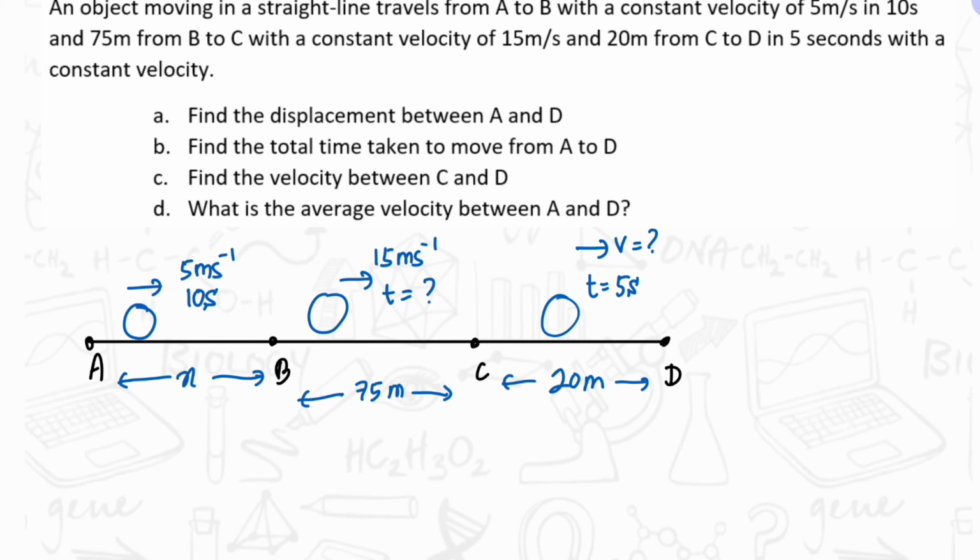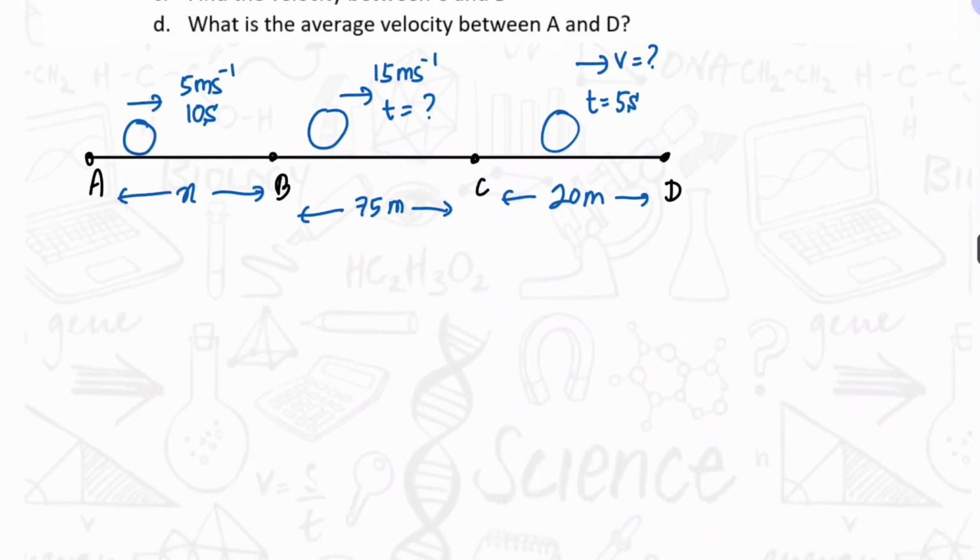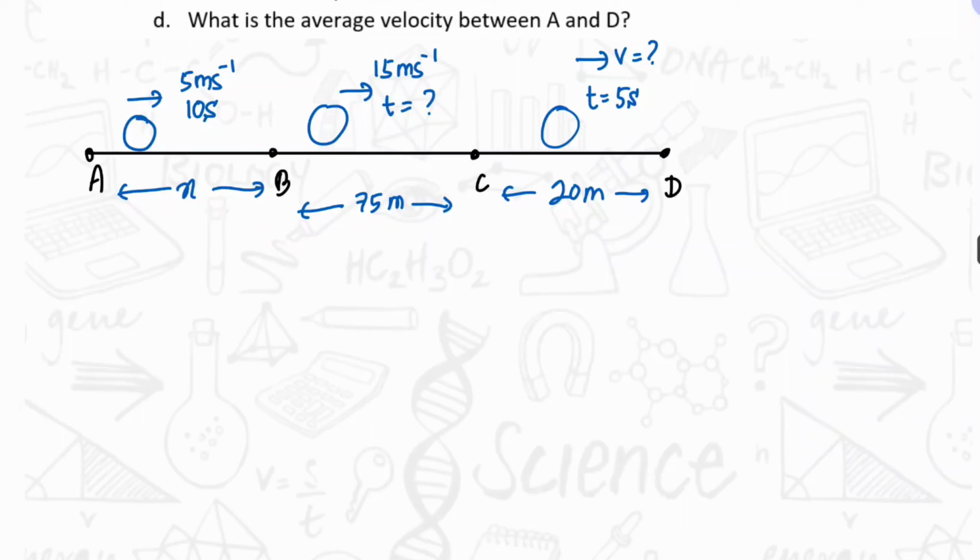Now, the first question is to find the displacement between AD, that is the total distance. In order to find the total distance, we need to find the distance between A and B. For that, we can write, for part A, velocity is equal to displacement over time.